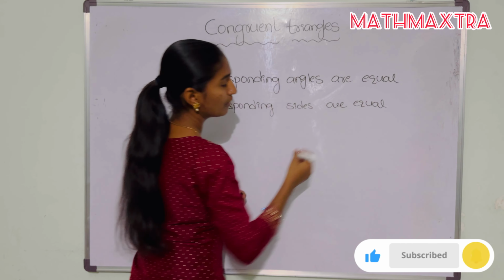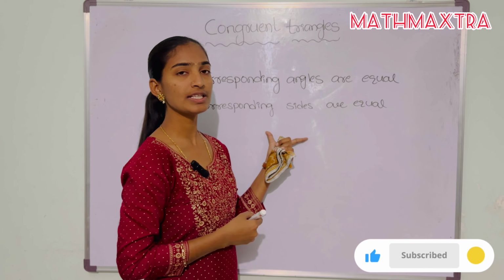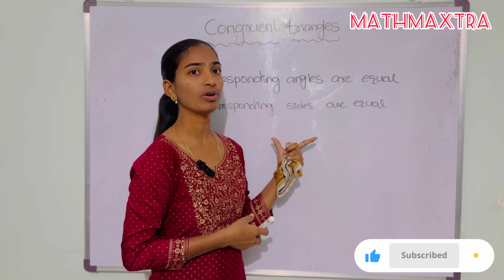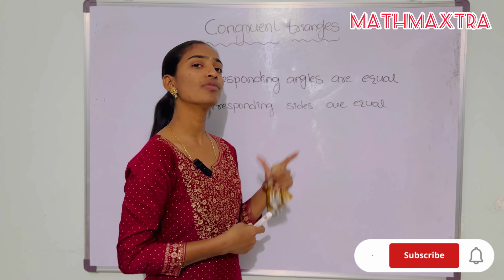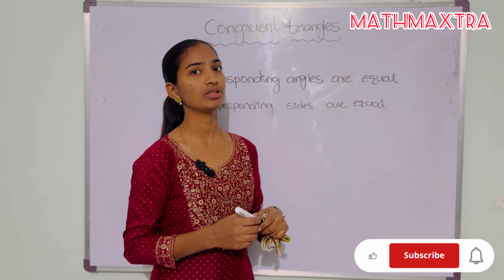If two triangles follow these two conditions, that is, corresponding angles are equal and corresponding sides are equal, then we can say those two triangles are congruent to each other.